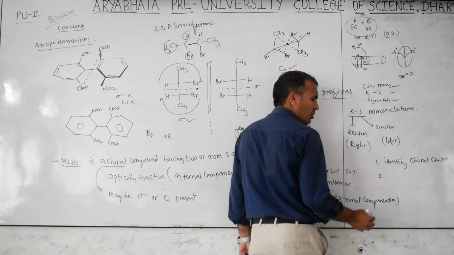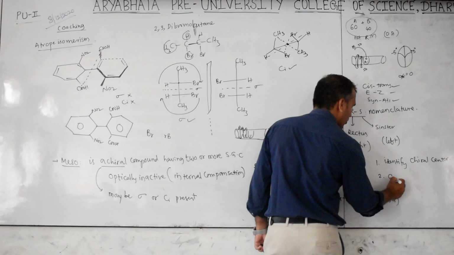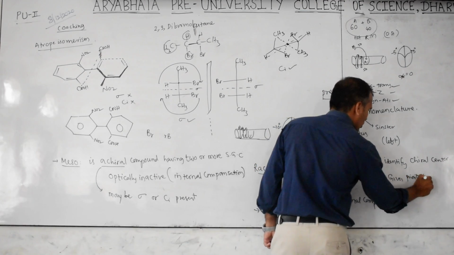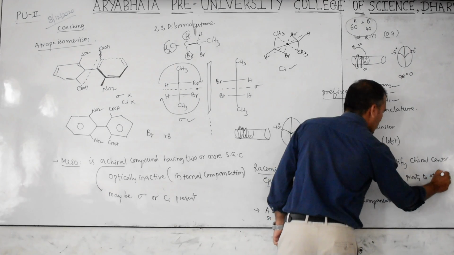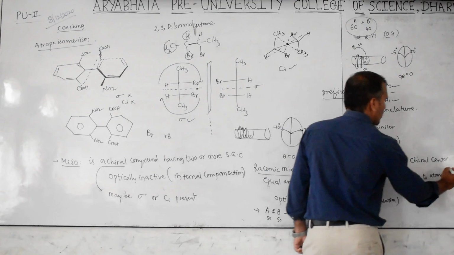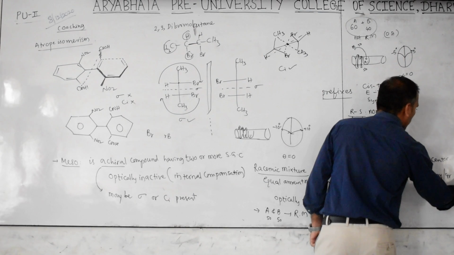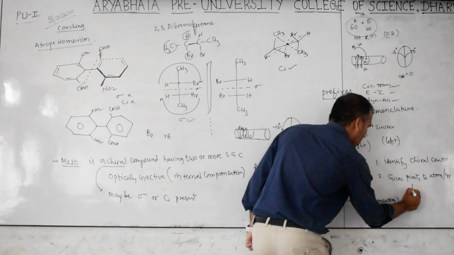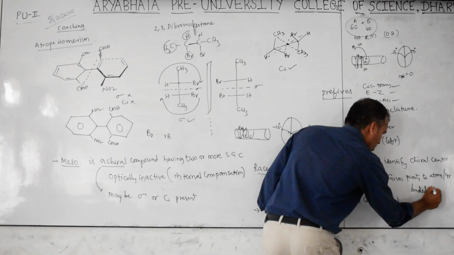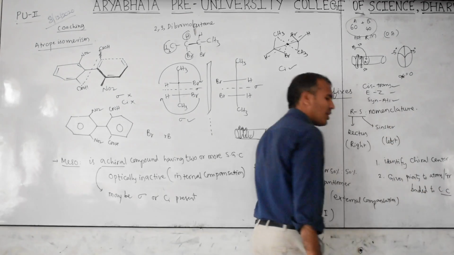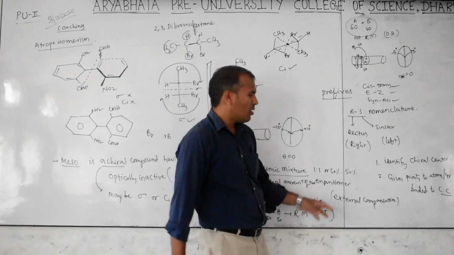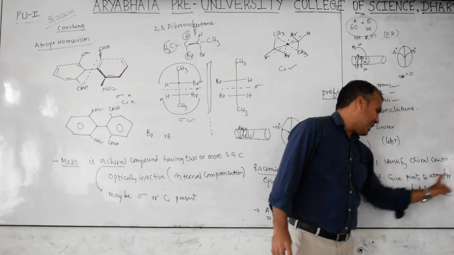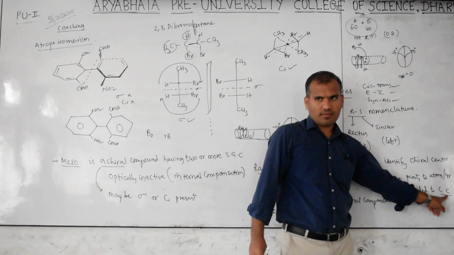Second one, give priority to atoms or groups which are directly bonded to the chiral center. CC means chiral center. Give priority to the atom or group which are directly bonded to the chiral center.